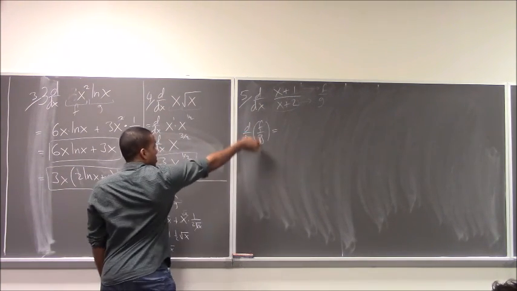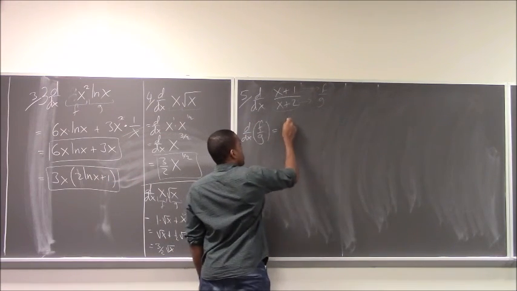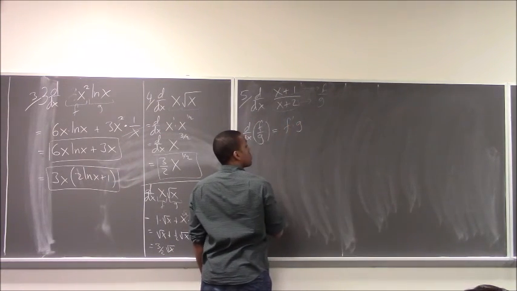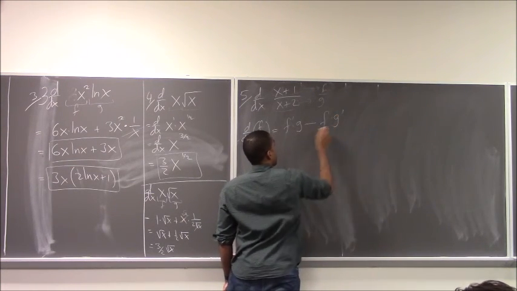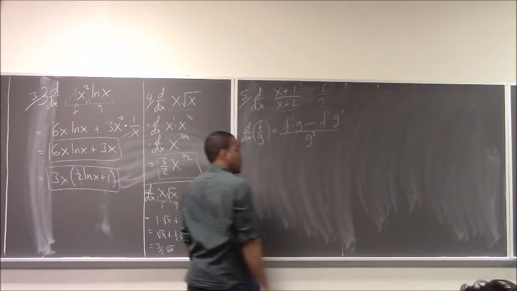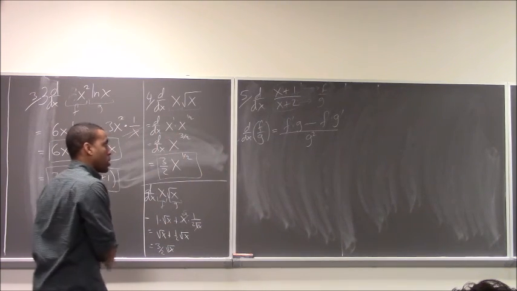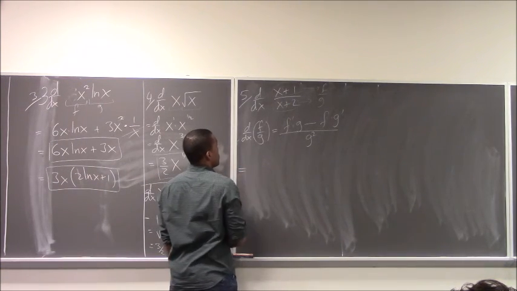The formula. It's minus derivative of g times x over g squared. Right. Bottom times derivative of top minus top times derivative of the bottom over the bottom squared. So that's what we're going to do.